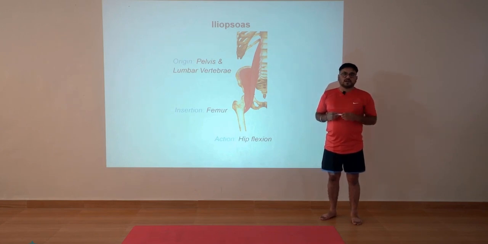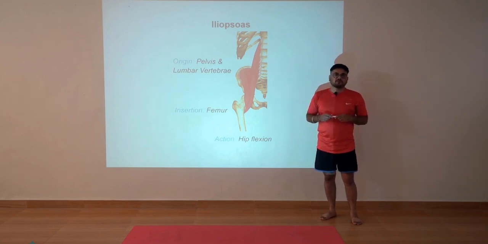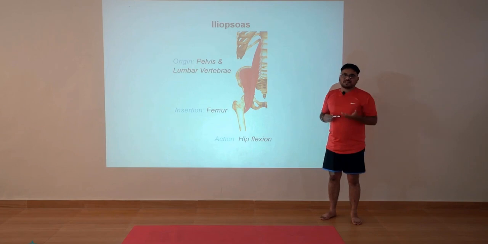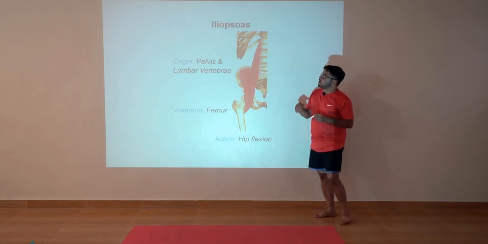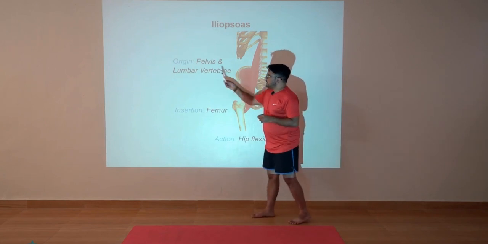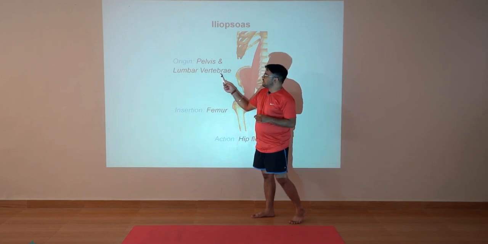So what we have to do, guys, now, is I am going to give you a brief introduction about the muscular system: the muscle has origin and insertion, right? If you look at this muscle here, the name is the iliopsoas. The origin is from the pelvis and the lumbar spine.